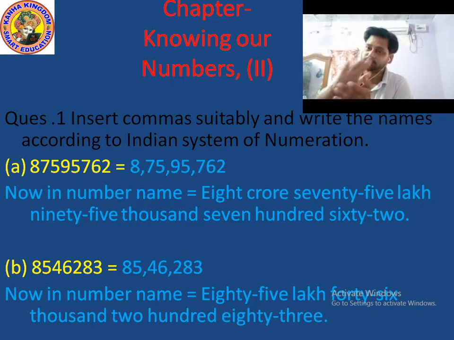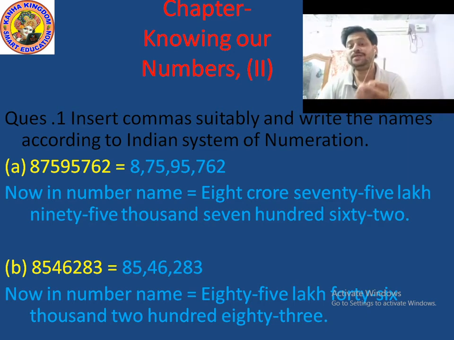Now, before the lakhs period is the thousands period. And here also there are two place values. Which are they? Thousands place value and 10,000 place value. So before the second comma, which place value? 10,000 place value.